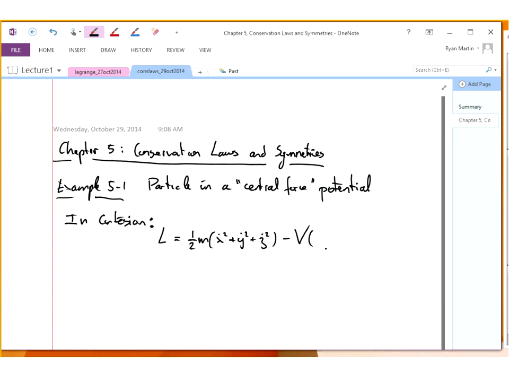Let's say it's a gravitational potential, and the big mass is at the origin. So the potential will depend on your distance from the origin. We can write it as a function V that depends very generally on the distance to the origin, so the square root of x squared plus y squared plus z squared.